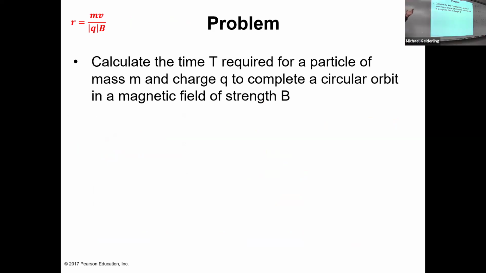So here, this is asking, figure out the time t required for a particle of mass m and charge q to complete a circular orbit in a magnetic field of strength B. You'll notice the velocity is not given here, because it turns out the period t, you can calculate, and velocity will end up canceling out.